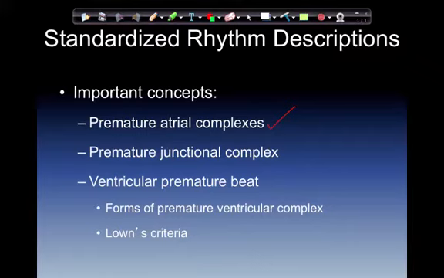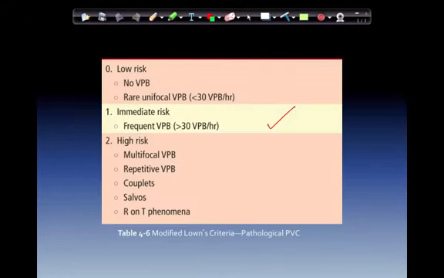Lown's criteria, which we're going to look at on the next sheet, is a threat assessment of what our thought process should be by looking at these PVCs and what they are doing to the patient. So do we need to correct them or not? That's what this criteria is here on the next page. I'm going to clear this off so we can talk about it.